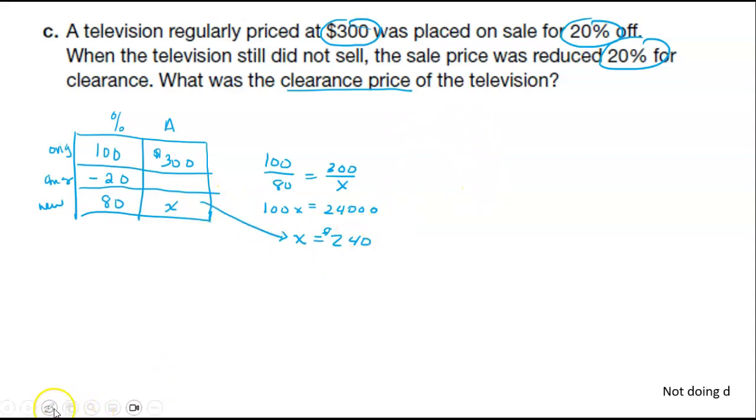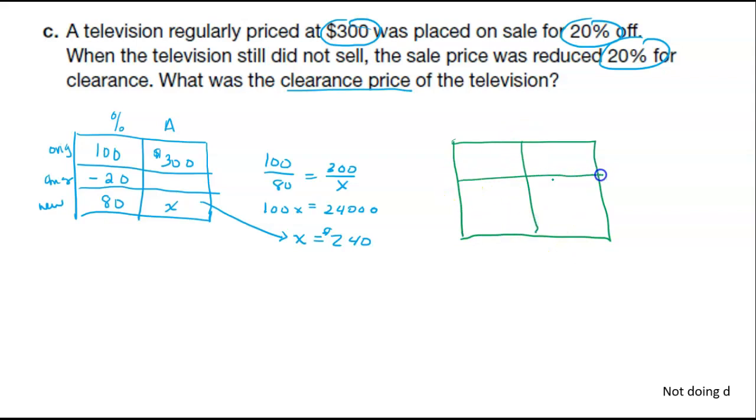Then it didn't sell again, so we have to do another ratio box, where our original, or 100%, is going to be 240. We're going to subtract, this is change, 20 again, new, 80, and they want to know what the clearance price is.